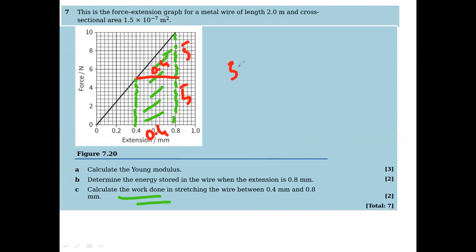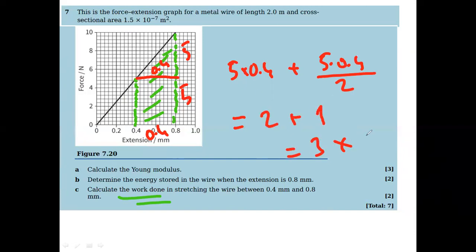It will be like this: 5 times 0.4 plus 5 times 0.4 divided by 2, which is equal to 2 plus 1, which is equal to 3 times 10 to the power of minus 3 joule. Why? Because these units are given in millimeter. At the end, we should change millimeter into meter, so it will be 10 to the power of minus 3. And the final answer is going to be 3 times 10 to the power of minus 3 joules. So we have done also the last question.